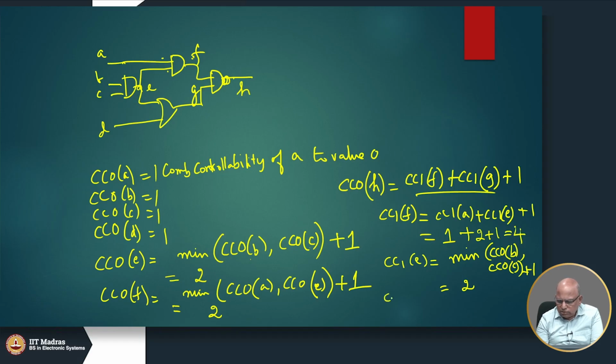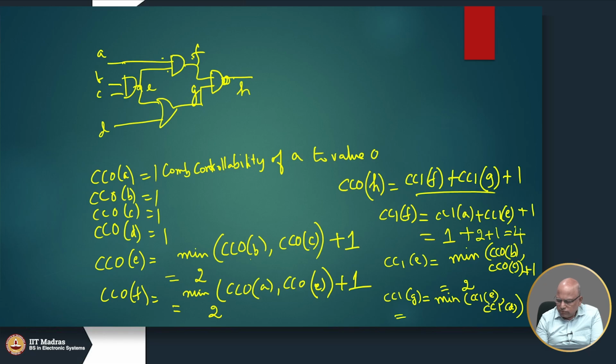CC1 of g, CC1 of g is what? It is an OR gate. So, either I can set e to 1 or d to 1. So, you have to say min of CC1 of e or CC1 of d plus 1. Now, what is CC1 of e? It is an AND gate. So, either I have to set B to 0 or C to 0.